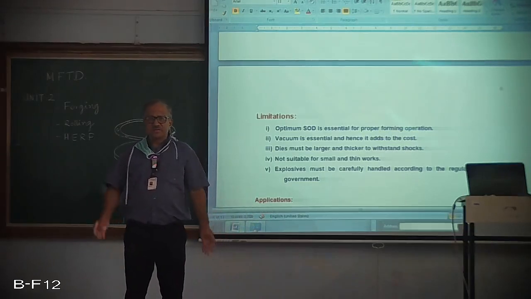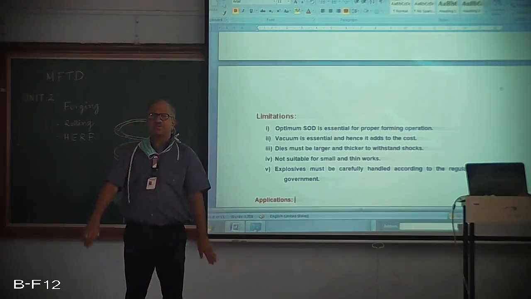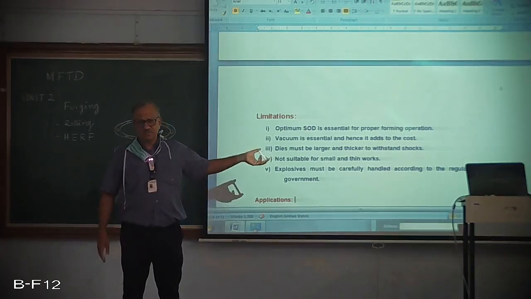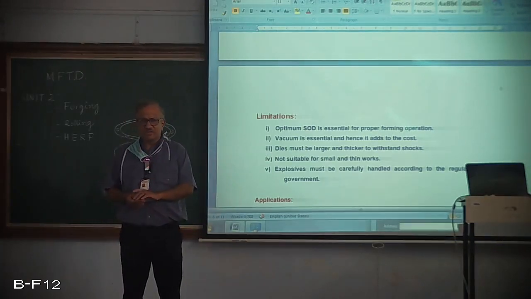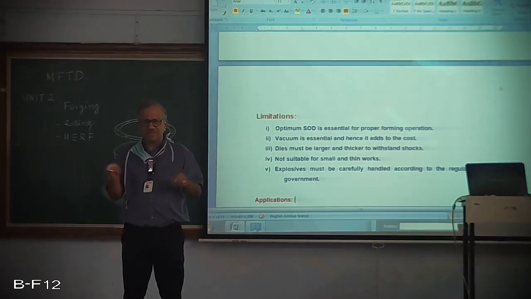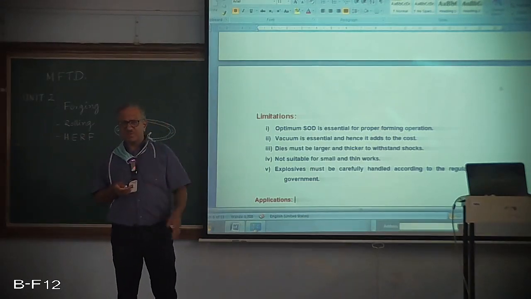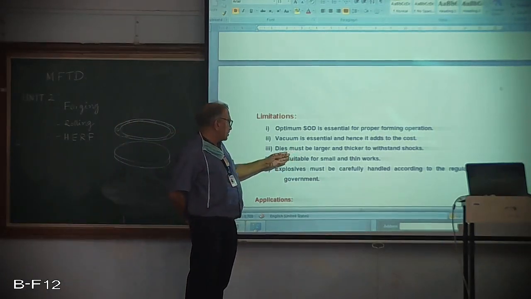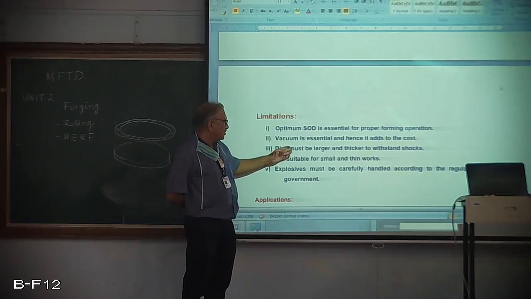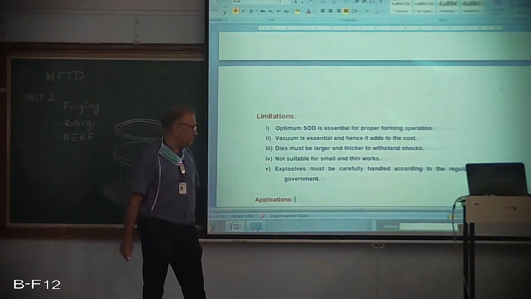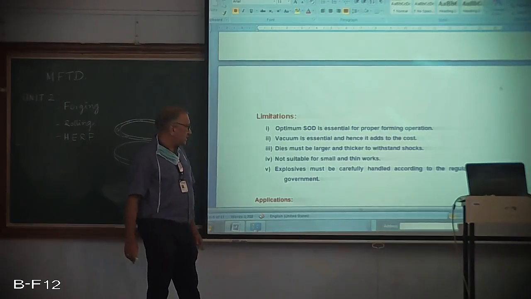Here the explosion produces a very high velocity of deformation, as seen in the earlier image. 120 meters per second is a very large speed, so you require larger dies, so it adds to the material cost of the die and handling of the die.